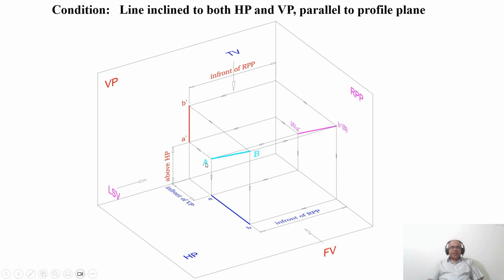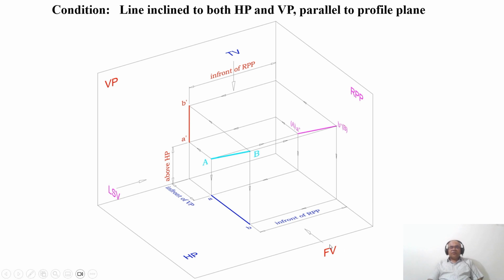You can see capital A and capital B. This is the position of the line: inclined to HP, that is this one, inclined to VP, that is this one, and parallel to the profile plane, that is, the two endpoints A and B are at equidistance from the profile plane, from here to here and also from here to here. Both points are at equidistance from the profile plane, in front of RPP.